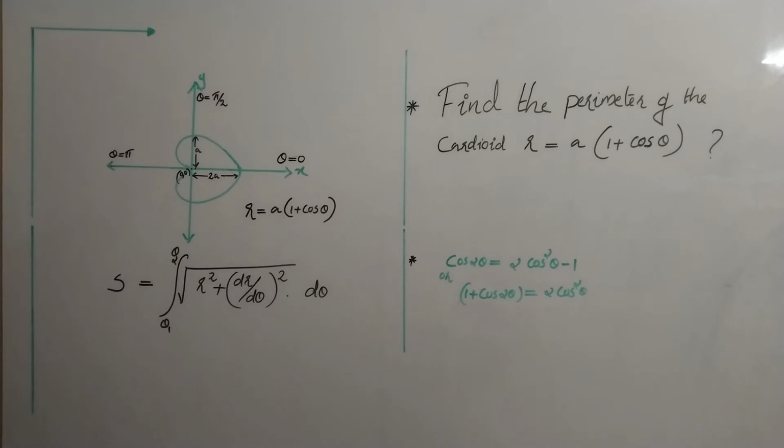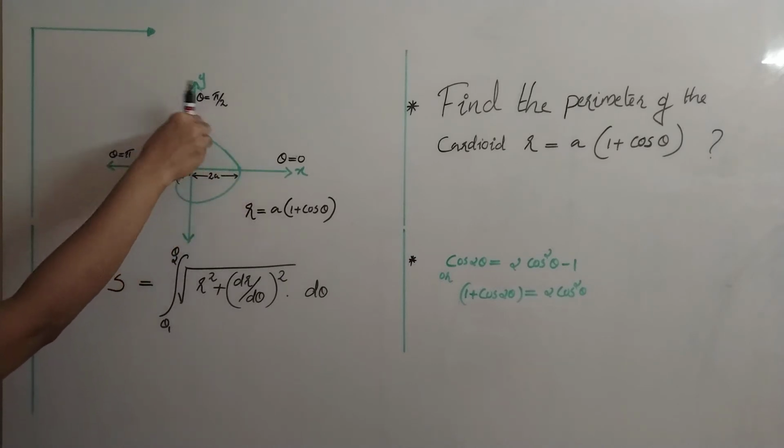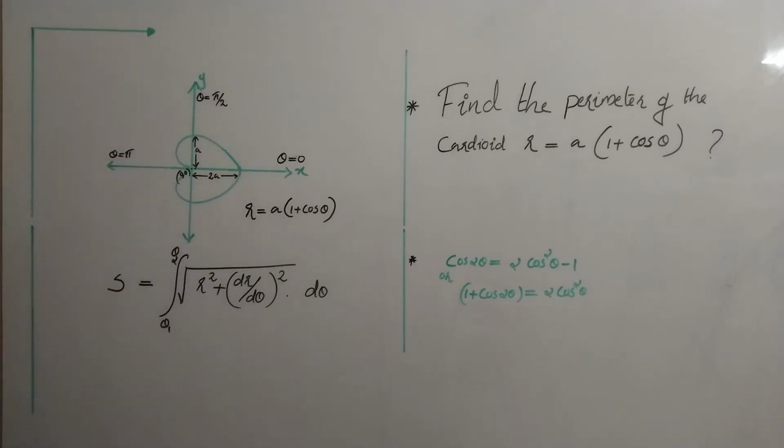And above the initial line, the arc varies from θ = 0 to θ = π. And the limits of integration are θ = 0 and θ = π.